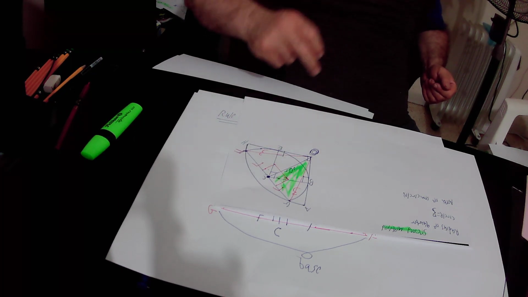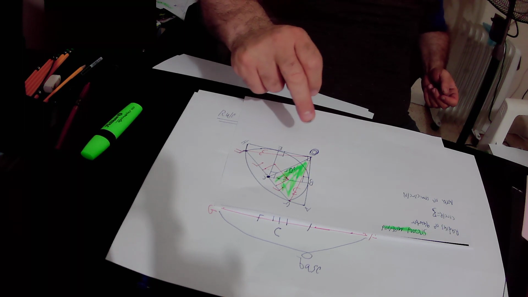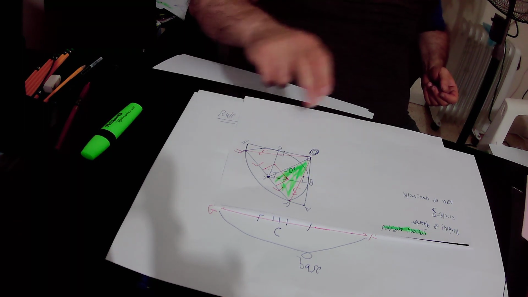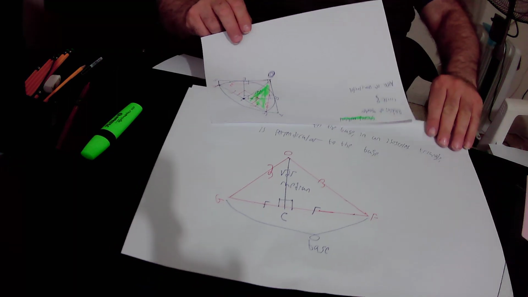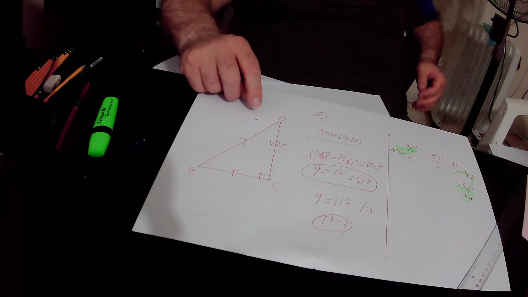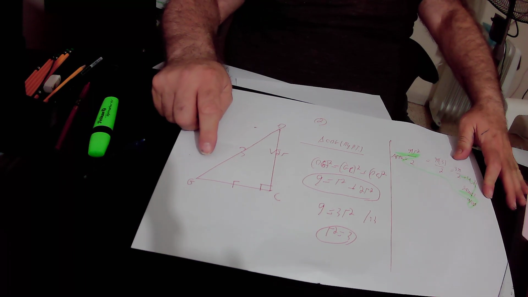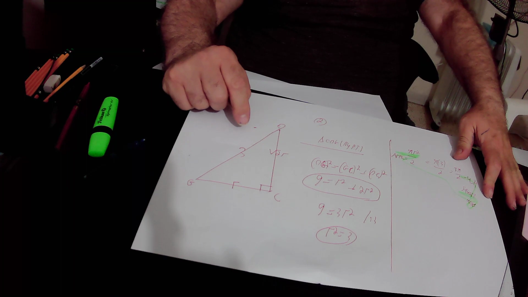Then we implemented the Pythagoras theorem on the right green triangle, triangle OCG. So I copied the right triangle OCG in a new page, and we implemented the Pythagoras theorem on it. We have already found out that OG is the radius of the quarter circle that is 3 units.